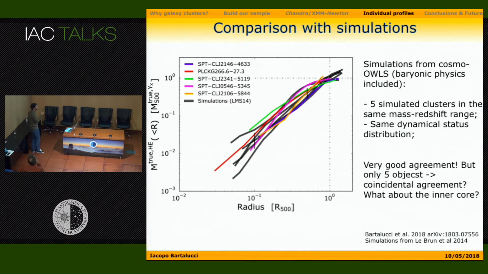Now, what you see is that there is a very good agreement, but as observers we only have 5 objects, and we also have only 5 simulated objects, so this could be only a coincidence that there is this very good agreement. And also what we want to do is increase the precision of the simulation in the inner core, so in the inner part of the galaxy clusters.